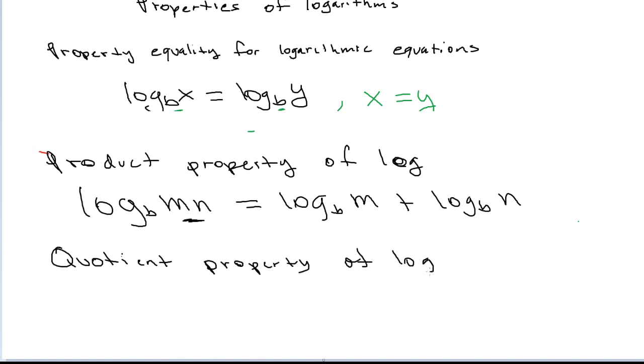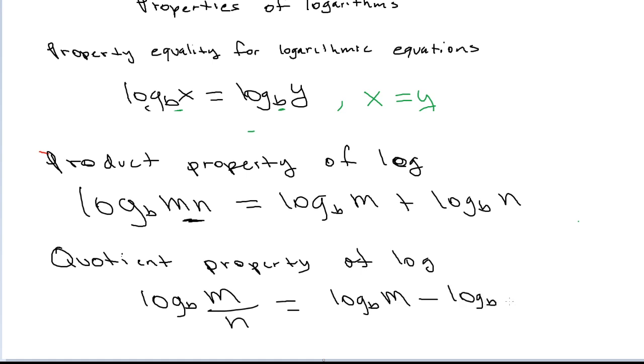So if I have log base b of m divided by n, that will be equal to log base b of m minus logarithm base b of n. So the difference here is that you're subtracting them when you have a quotient.